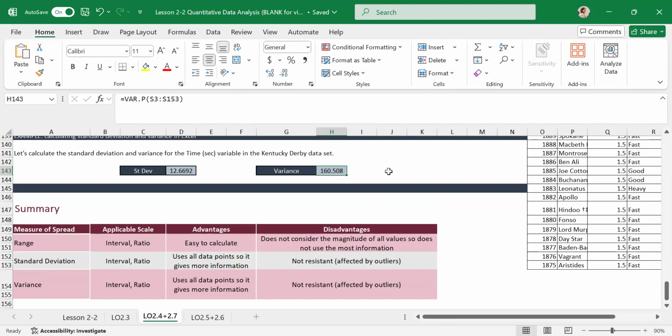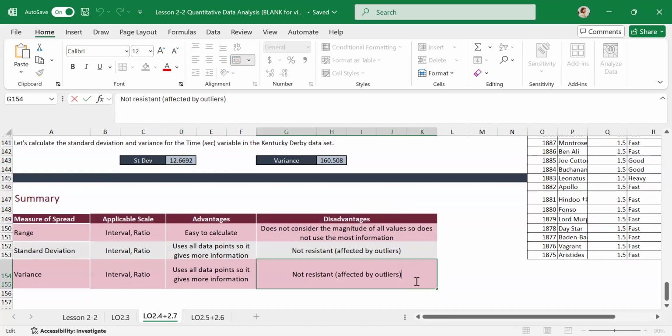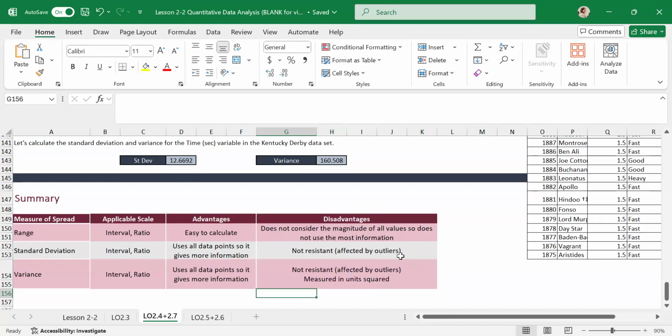And what does that even really mean to have dollars squared? If you work with the standard deviation, it's measured in the original units like seconds or dollars, so it's a lot easier to interpret. So you can even add that to the disadvantages as well, that it's measured in the units squared.